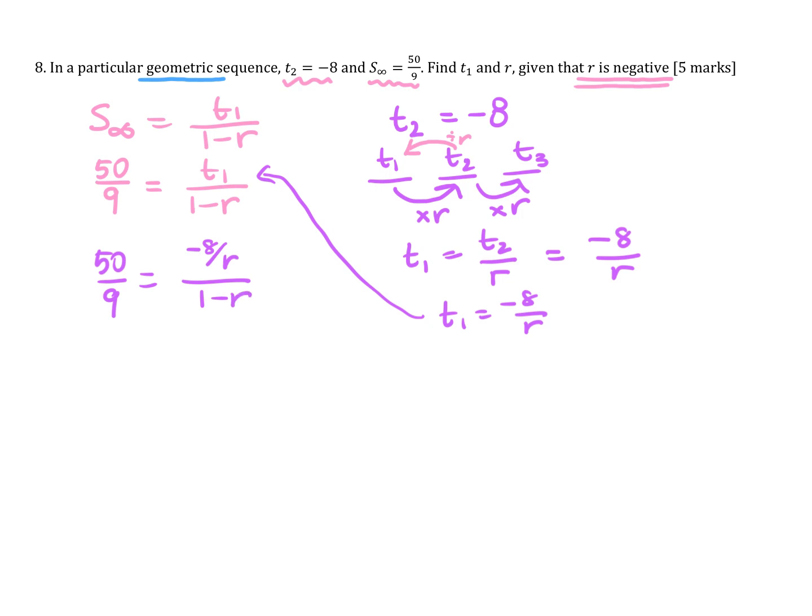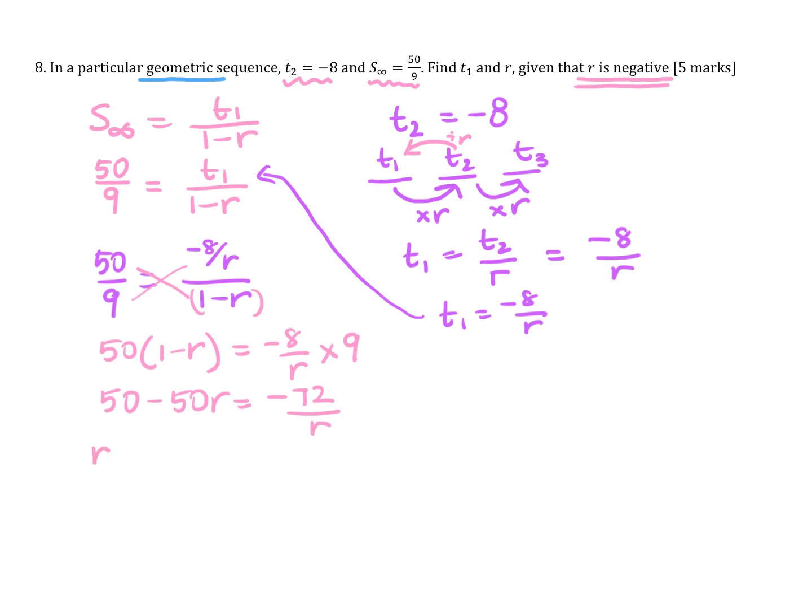Now that all looks very, very messy, but I can get rid of some of the fractions just by cross-multiplying. That times that equals that times that. So we have 50 lots of 1 minus r equals negative 8 over r times 9. Expand out. 50 minus 50r equals 9 8s are 72, negative 72 over r.